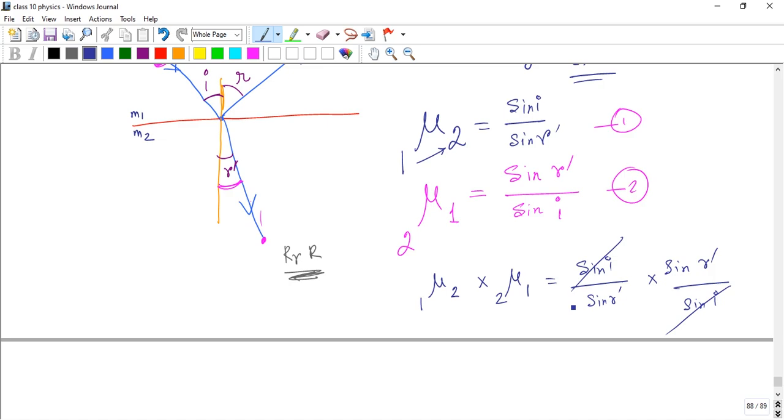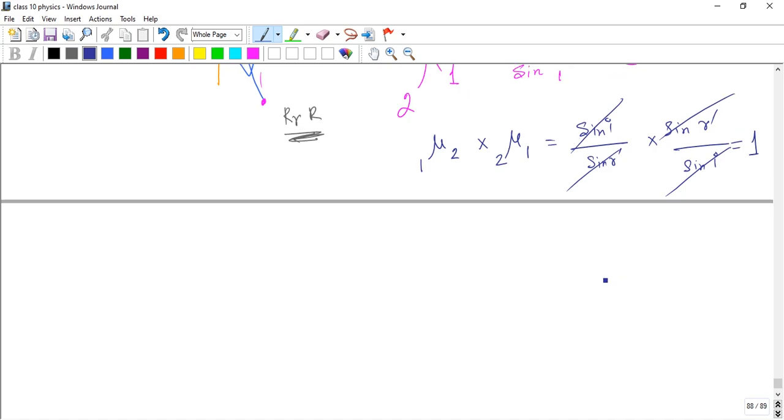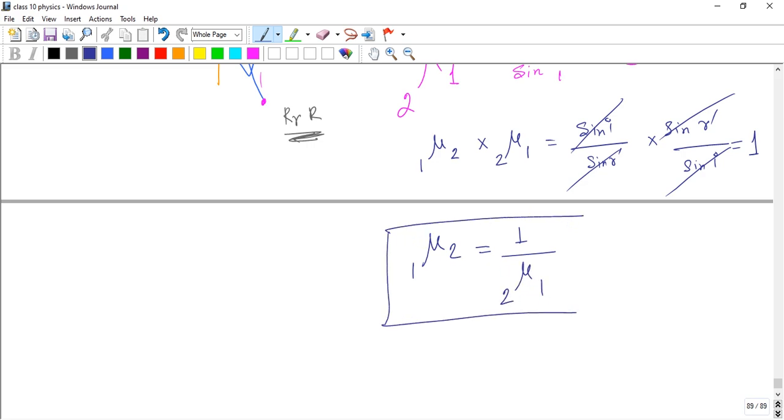So they cancel, and we get 1. So by the reversibility property, they are reciprocal actually. Mu 1 to 2 is equal to 1 by mu 2 to 1. They are reciprocal.